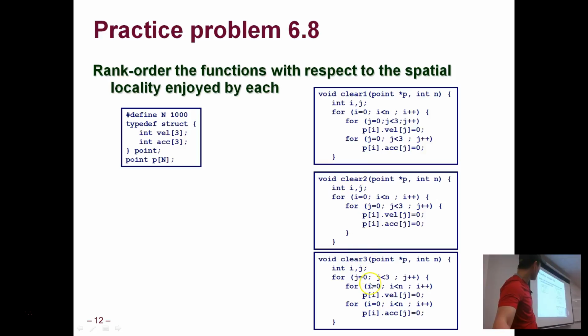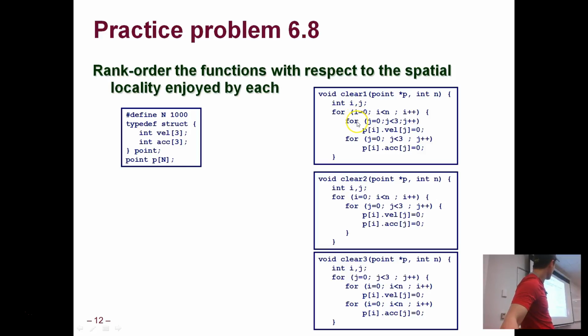And say you are going to clear all of the points in this array. There are 3 routines here that do this. For example, in the top, you have a pointer to an array of points. For all of the elements from 0 to n, so this is going through each point, that's what the i is.